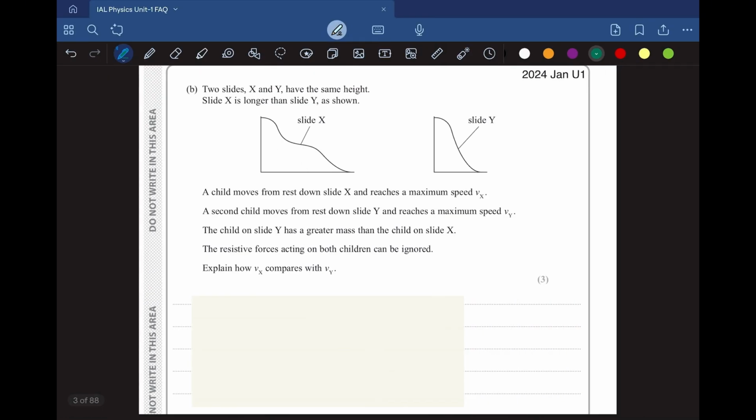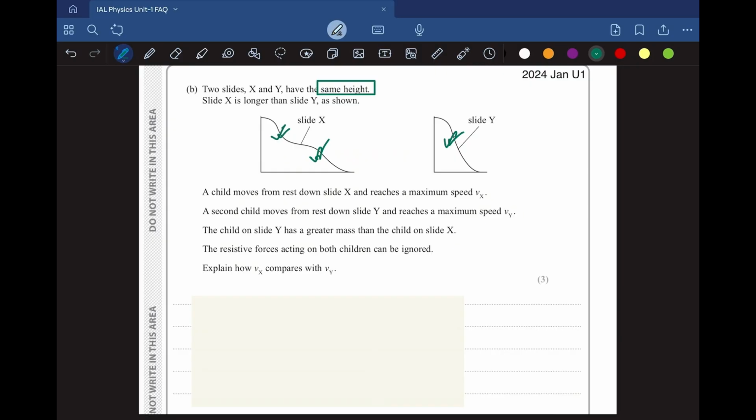The next part of the question says two slides X and Y have the same height. Slide X is longer than slide Y. So basically this slide is a bit longer than slide Y. They have the same height. This is a very important concept. They have the same height, but as its gradient is not constant and it is in a zigzag line, it's not constant, but here the gradient is more or less constant.